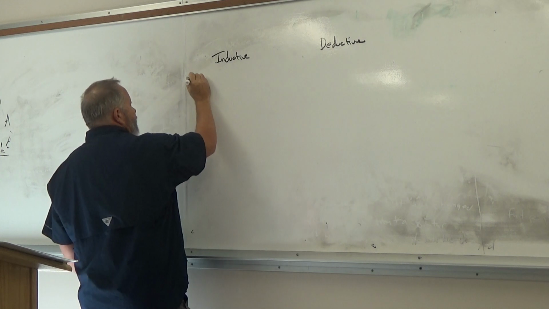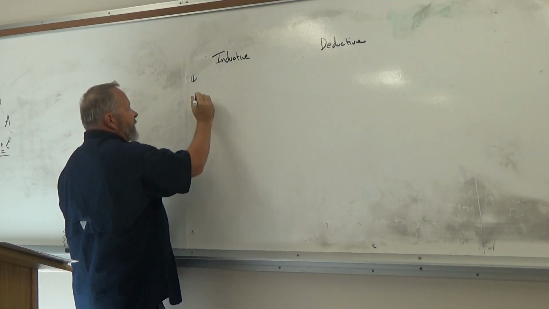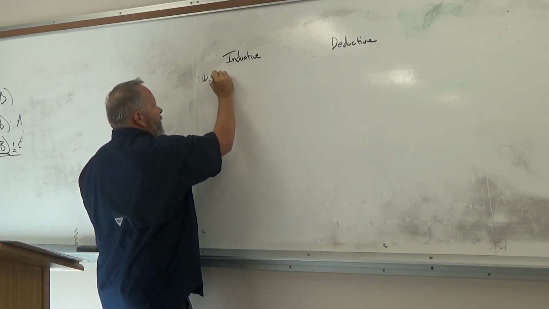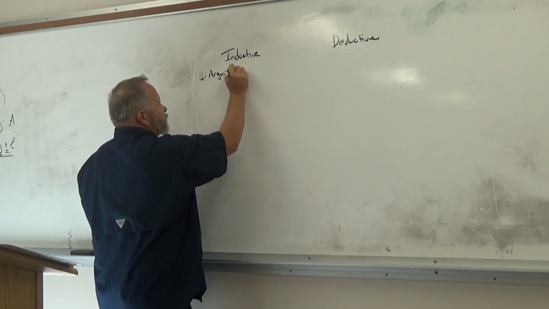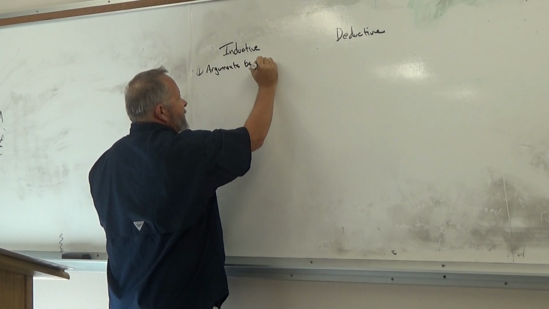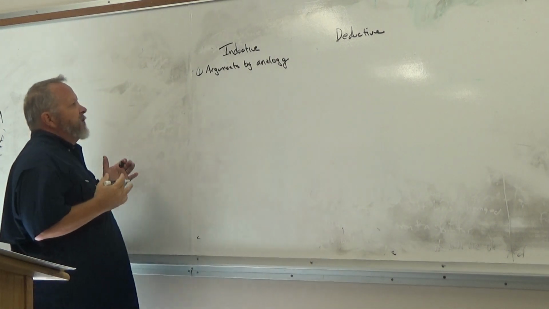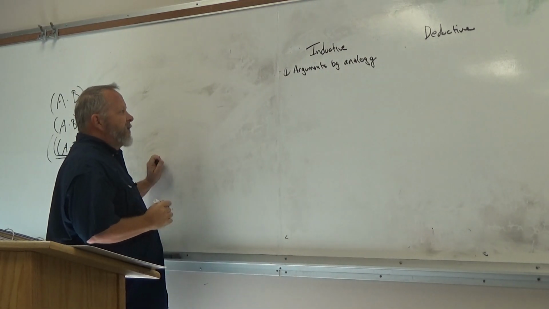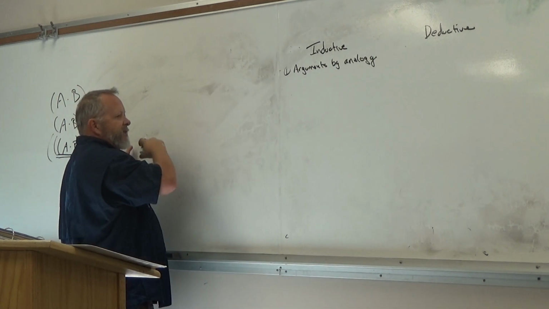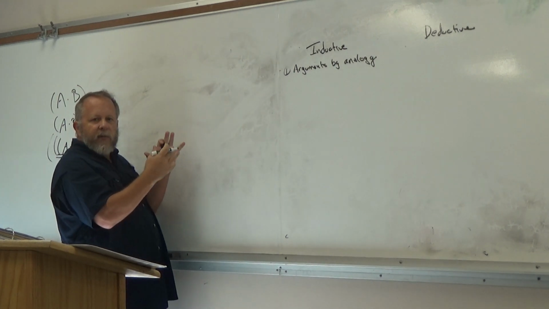And the first under inductive is arguments by analogy. Okay? And just to clarify things here, analogies kind of work like this. This is like the very generic form of analogy.